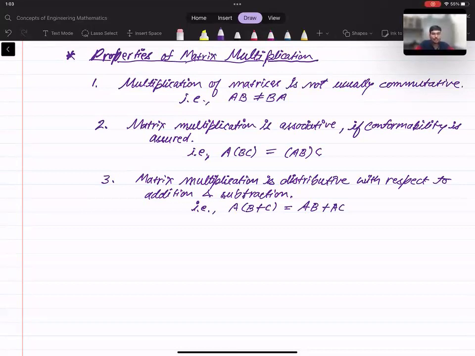The next property is if matrix A is multiplied with the identity matrix or unit matrix, the value will not change, and the matrix will remain the same.